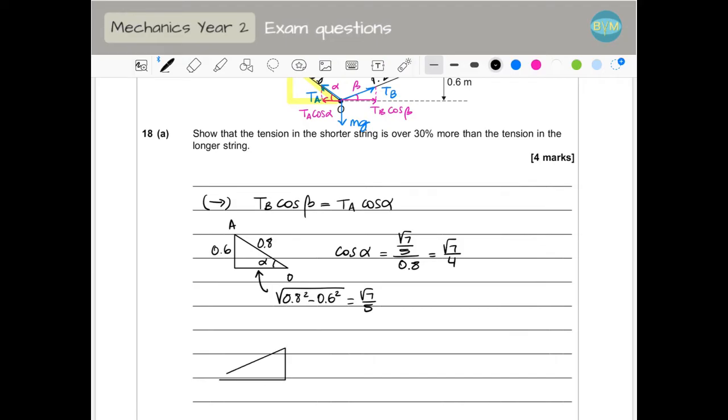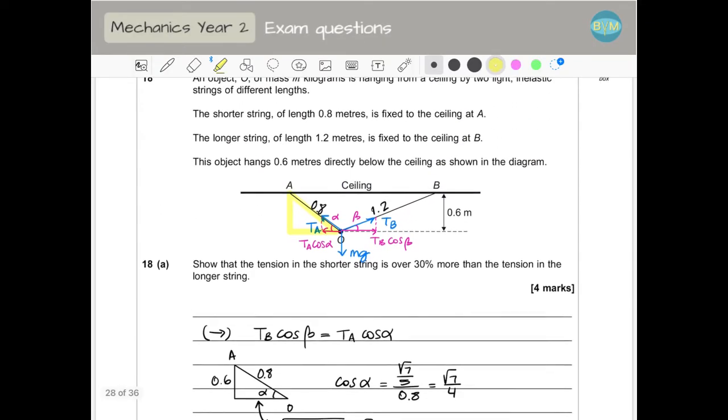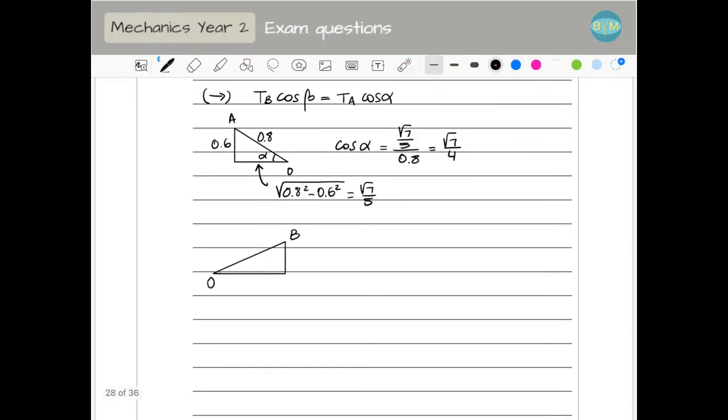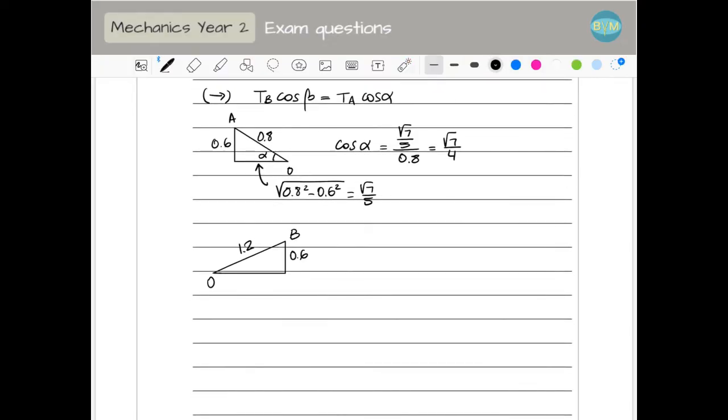And then I look at the other triangle, the right one, the one with B. This is B, and this is O. So I'm looking now at this triangle here, and I know the hypotenuse is 1.2, and this is 0.6. I have beta, and I want cos beta.